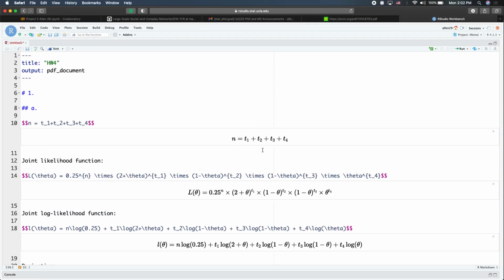So T1 plus T2, T3, T4 equals n. And here's the joint likelihood. We just take the product of the probability for each of the occurrences.